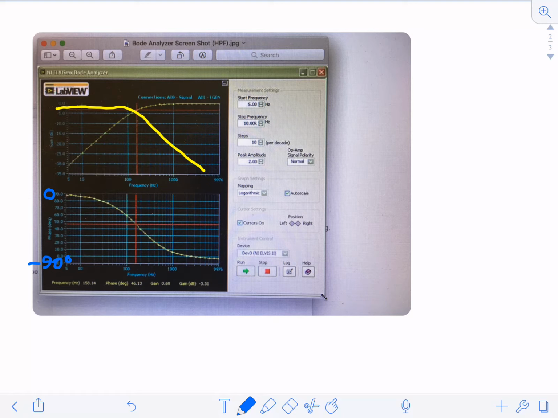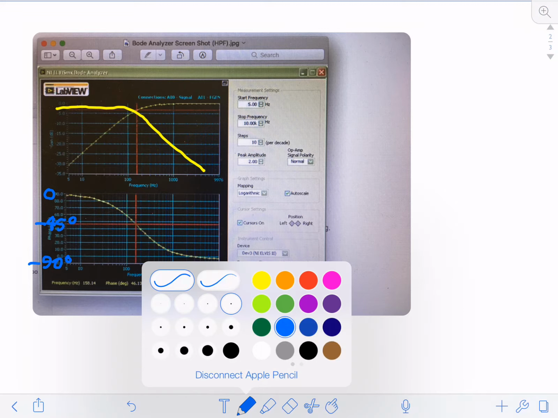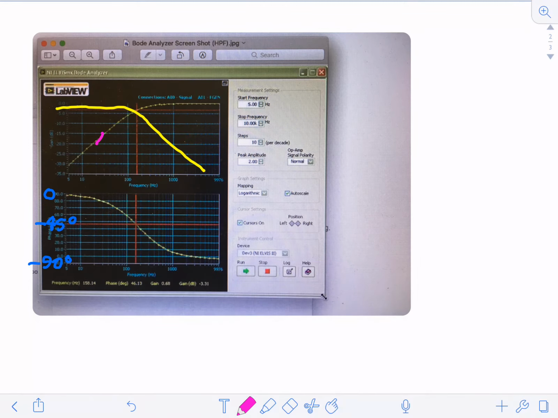And this is the minus 45 degree part right here, and I'll be talking about that a little bit later. Basically, we are looking for, and you are asked to figure out, where the minus 3 dB point is on the magnitude scale. That would be up here. Where is the minus 3 dB point in this graph here?